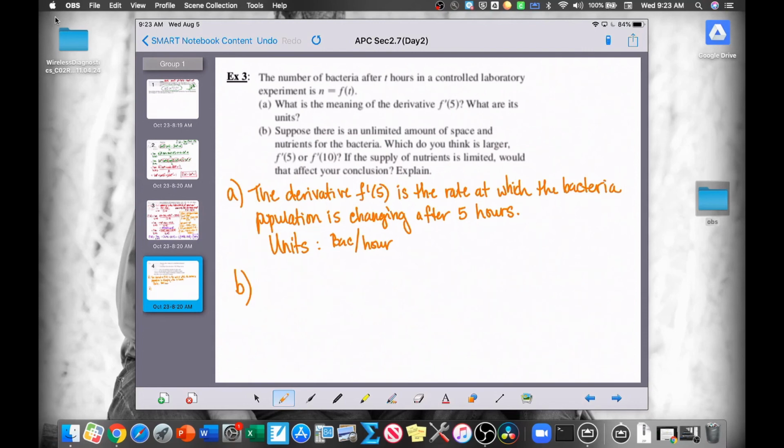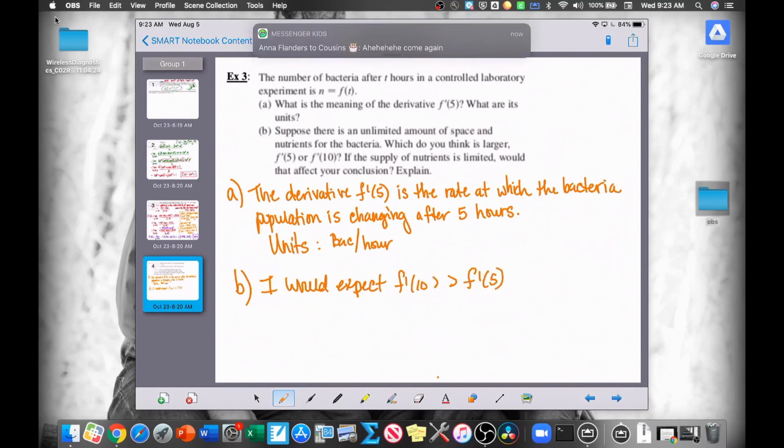Well, if there's an unlimited amount of space and nutrients, then I would expect f prime of 10 would be greater than f prime of 5 as long as space and nutrients are unlimited, okay? But if our nutrients become limited, this could either slow or stop the growth rate completely. So in that case, f prime of 10 would not necessarily be greater than f prime of 5.